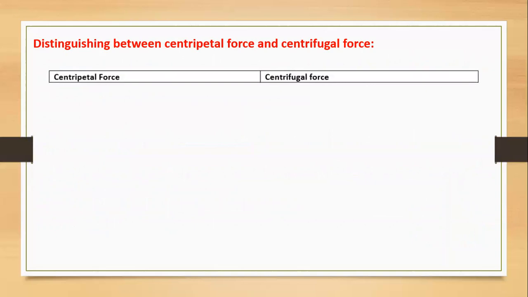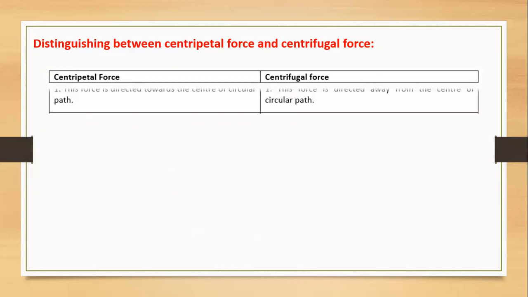Now next is distinguish between centripetal and centrifugal. Now let me learn both the articles in one go, centripetal force and centrifugal force. First thing is how they are directed. Centripetal force is directed towards the center and centrifugal is directed away from the center.